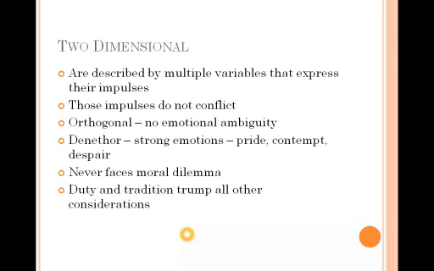In Lord of the Rings, Denethor has some strong emotions like pride, contempt, despair. They are not conflicting emotions, they are orthogonal emotions. That's why the character never faces a moral dilemma. Duty and tradition trump all other considerations.